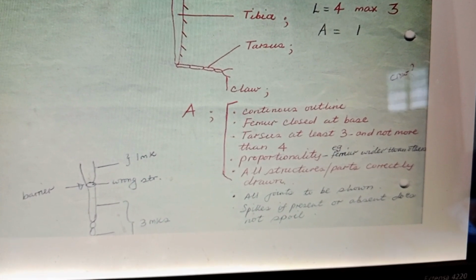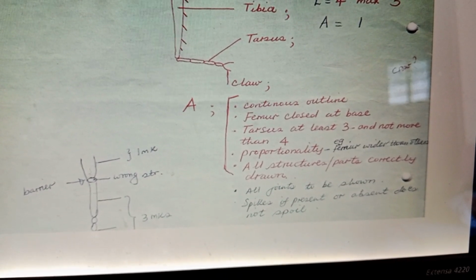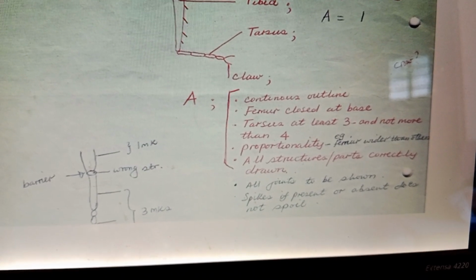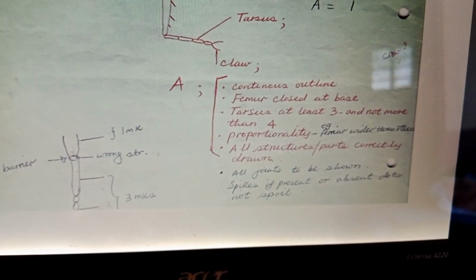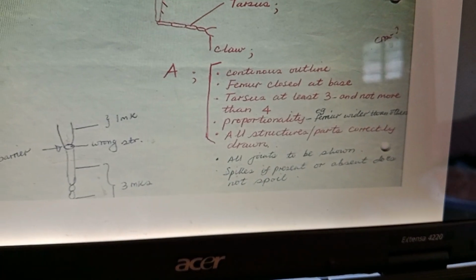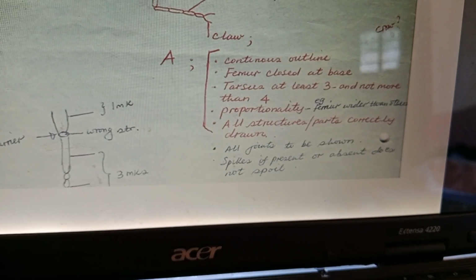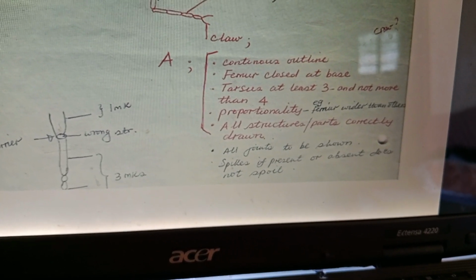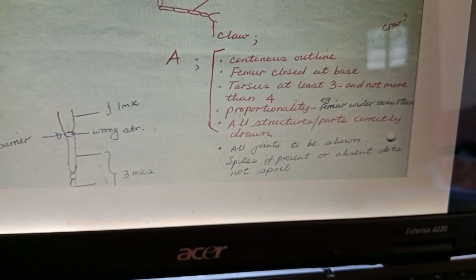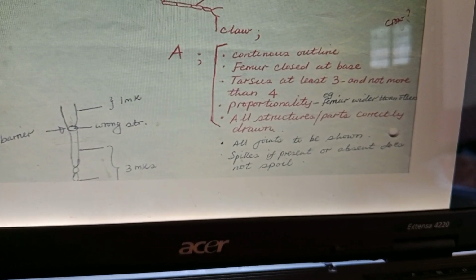And you can see for the accuracy mark, we have continuous outline, femur crossed at base, tarsals at least 3 and not more than 4, proportionality, femur wider than others, then all structures and parts correctly drawn, all joints to be shown, spikes if present or absent does not spoil.